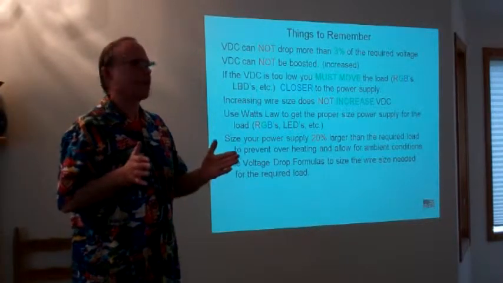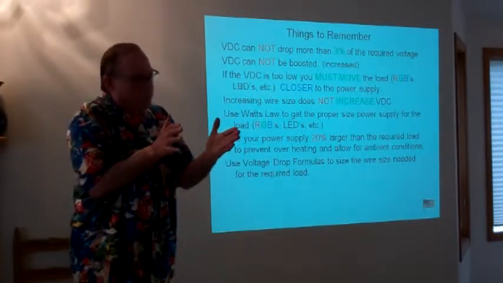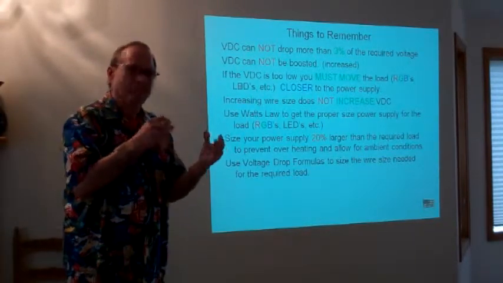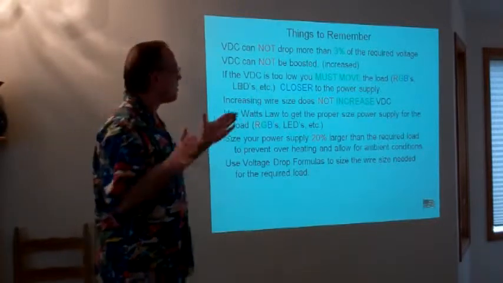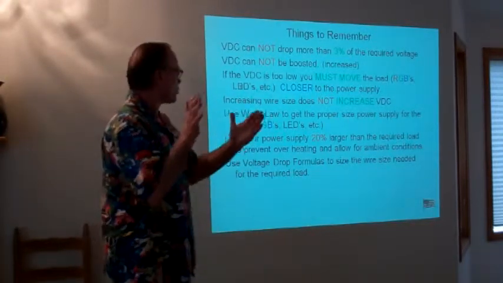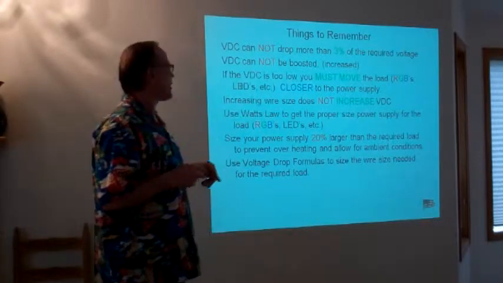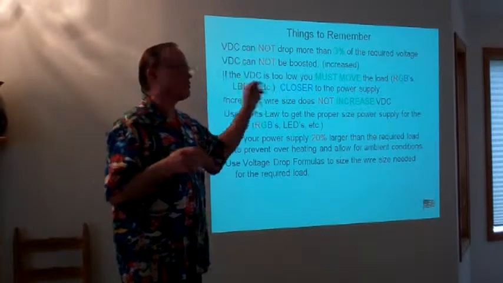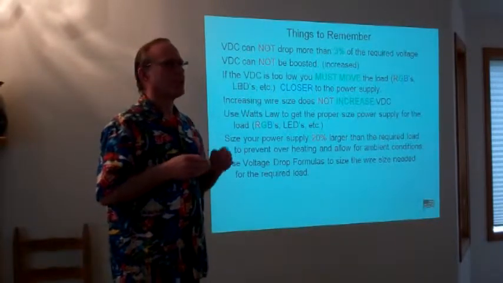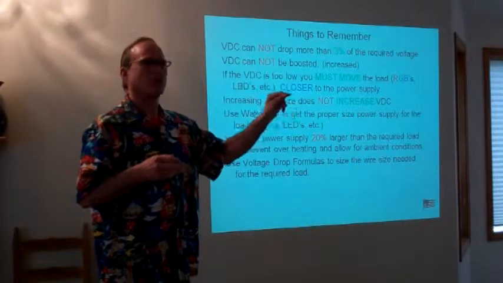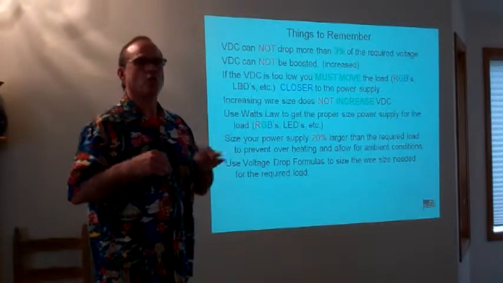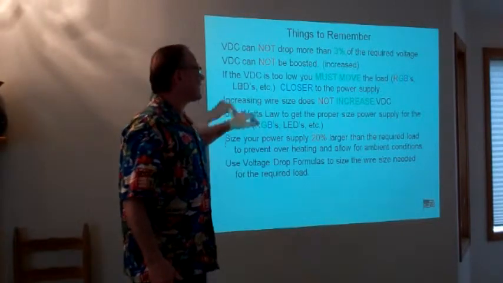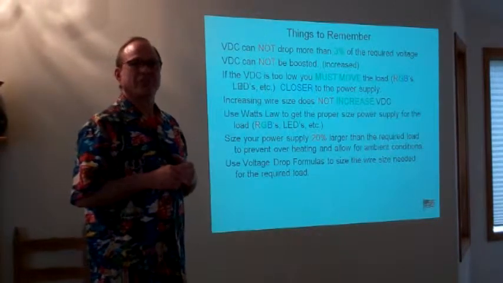We're doing the same thing, except we're decreasing the resistive levels, the voltage levels that we are dropping, by bringing that into a shorter area. Increasing the wire size, as I said, does not increase voltage DC here. What you have at the end of that line on DC is what you have. You can't transform it up. You can't make it happen differently. So keep in mind, volts DC is what it is.